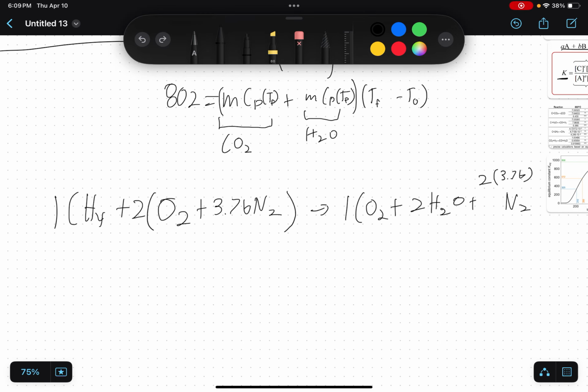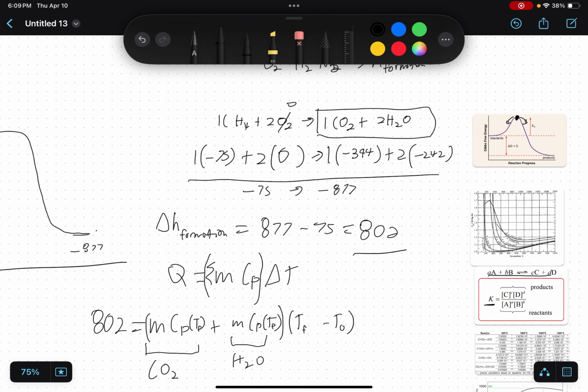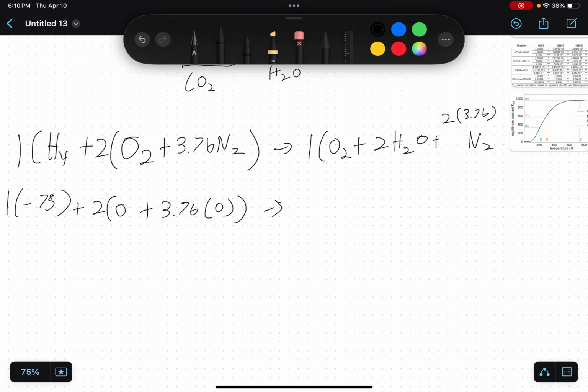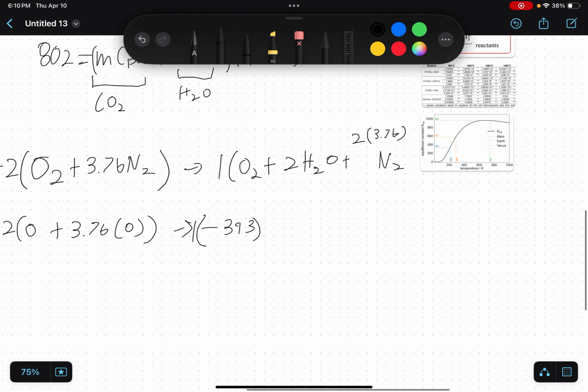Okay, so if we do the enthalpies of formation, we're going to have 1 times negative 75, we're going to have 0, we're going to have 0, I'll just write them out actually. 2 times 0 plus 3.76 times 0 goes to CO2, I think that was negative 393 times 1, 394. That's fine. I'm not going to change it.